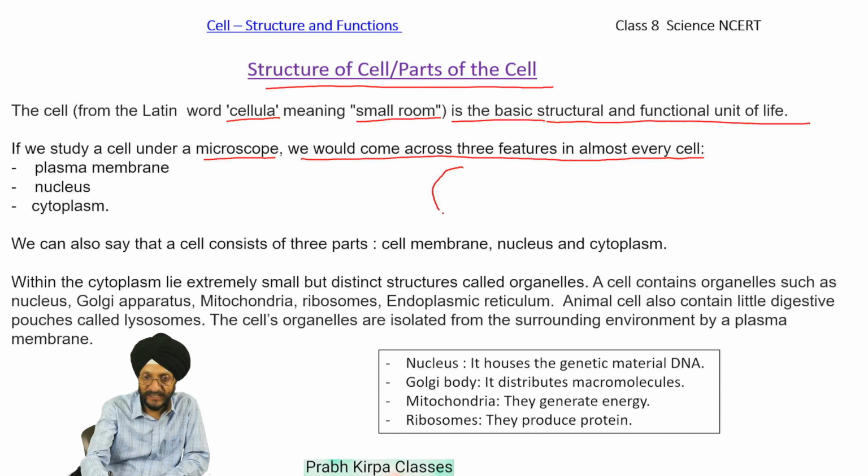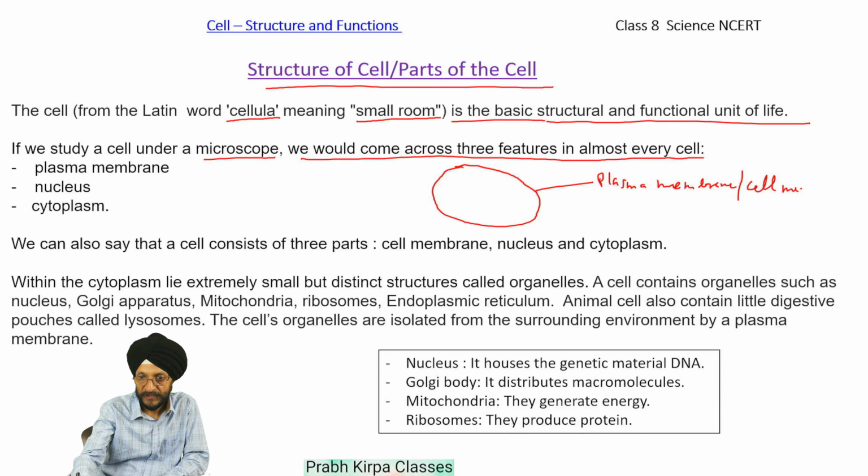Suppose you see a cell under a microscope, you will see this is the outer covering of the cell, which is called plasma membrane, or it may also be called cell membrane. Then there is a nucleus present in the cell.